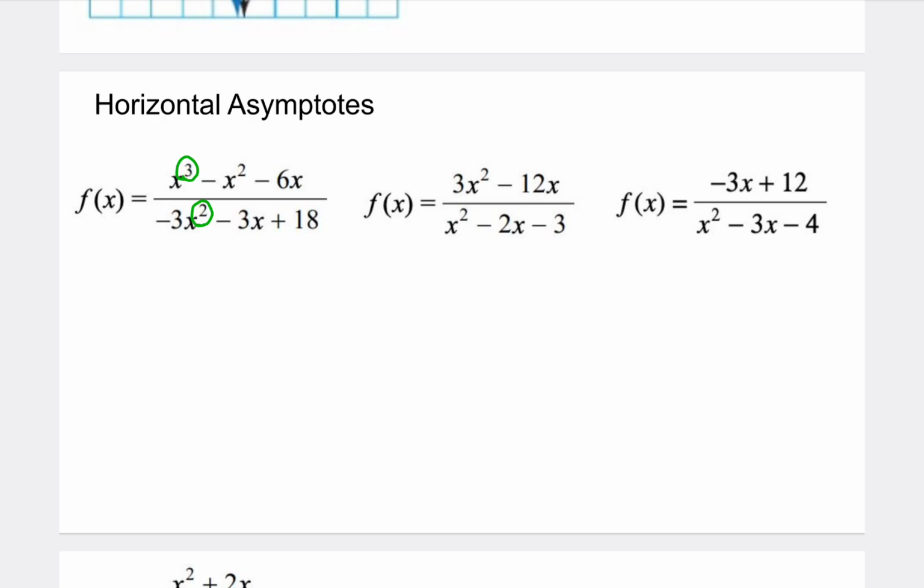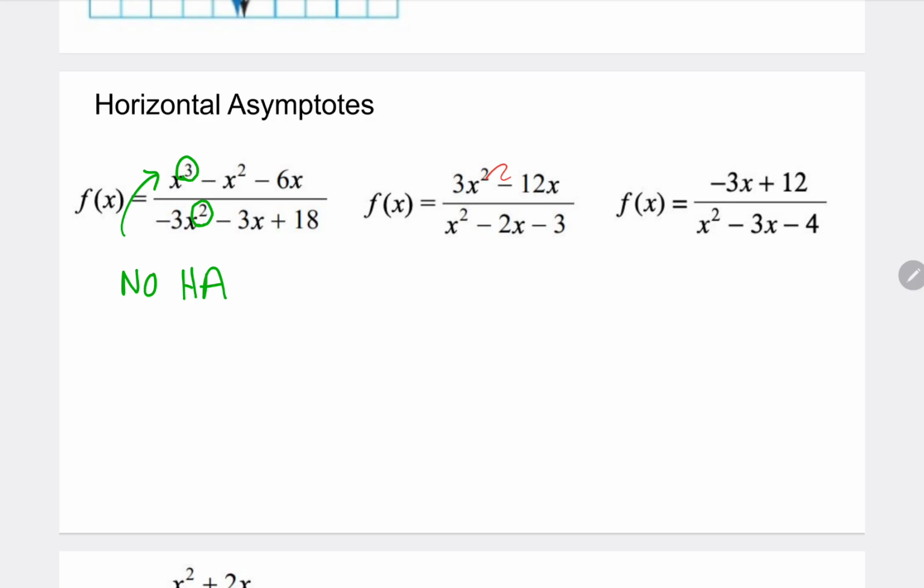So for this one, we have a cubic function in the numerator, a quadratic function in the denominator. When the bigger degree is in the numerator, that means there is no horizontal asymptote. Bigger degree in the numerator, no horizontal asymptote.